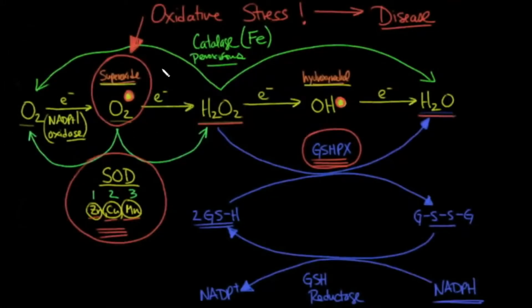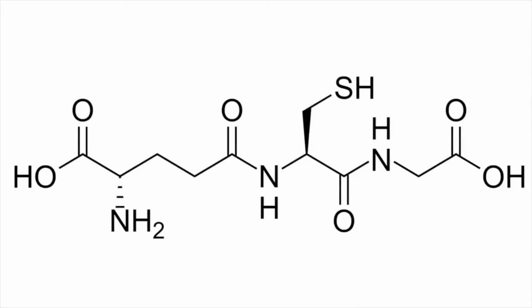And that superoxide, which is right here, is going to cause production of hydrogen peroxide and a whole bunch of other hydroxyl radicals, which can cause oxidation and destruction of endothelial cells and possibly even thrombosis. So this is glutathione.